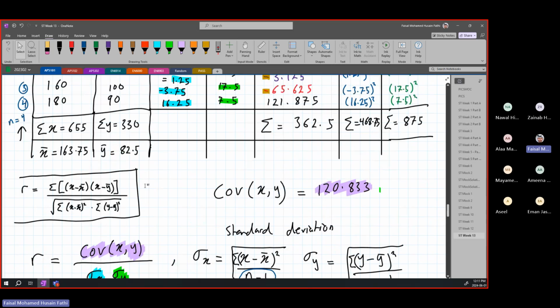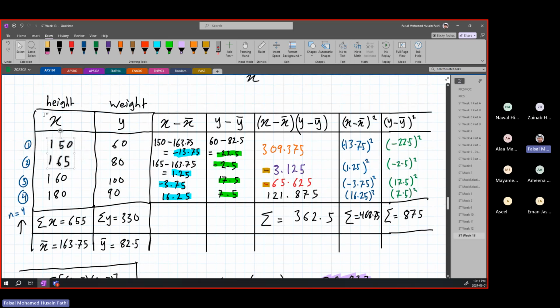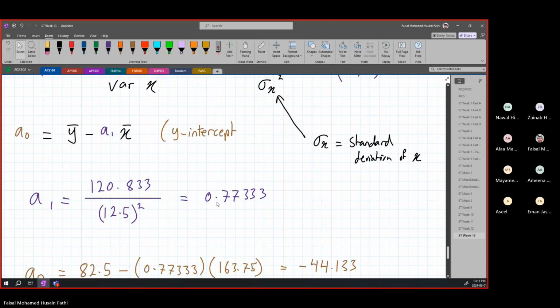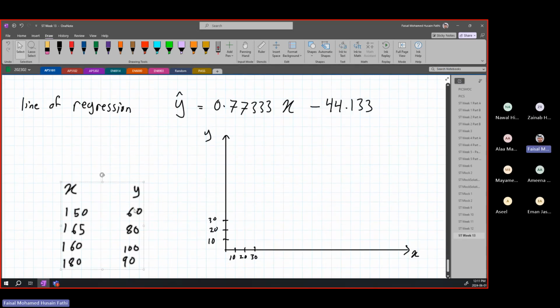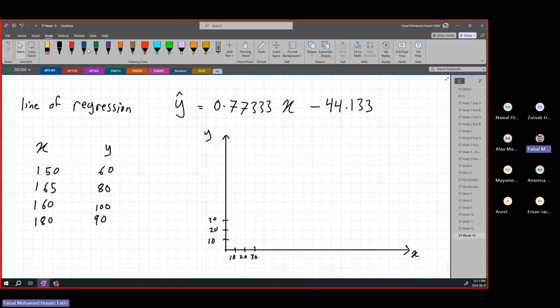So if we look at our x and y values that we got, and we want to plot them, this is the x and y values we had earlier. Let's try to be a bit more precise now. So this is 30, 40, 50, 60, 70, 80, 90, 100, 110, 120, 130, 140, 150 over here. So this is our 150.